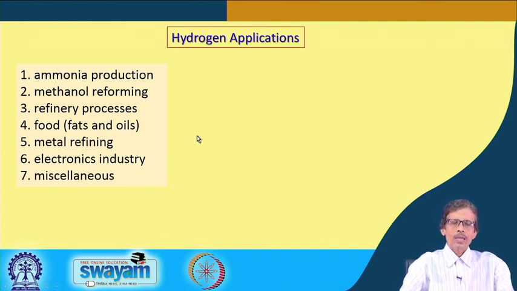So, this reduction of nitrogen is a difficult task, because the N2 molecule is triple bonded. Nitrogen is triple bonded to the second nitrogen, and during the production of ammonia we get 2 molecules of ammonia from 1 molecule of nitrogen through the addition of 6 hydrogen, that means 6 protons and 6 electrons.